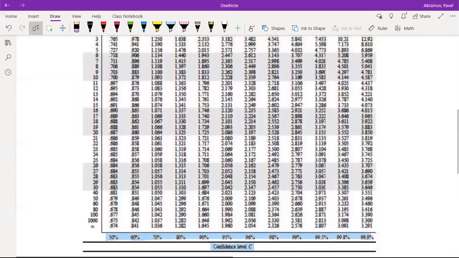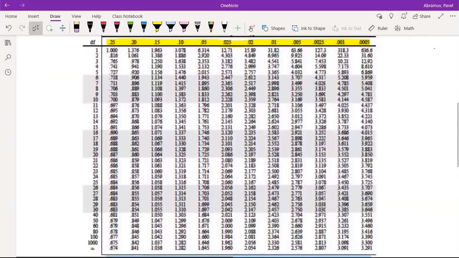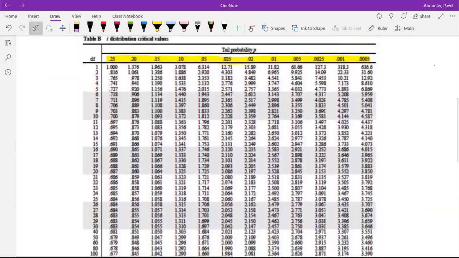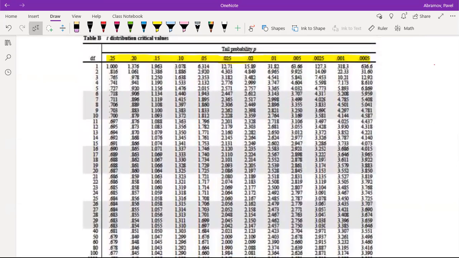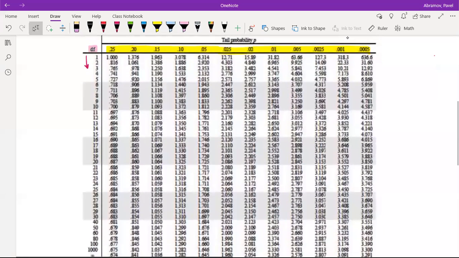So we'll learn to find the confidence intervals in a slightly easier way. And then on the left side of the table, we have the degrees of freedom. So all of these numbers right here are the degrees of freedom. So in our case, we have 9 degrees of freedom.